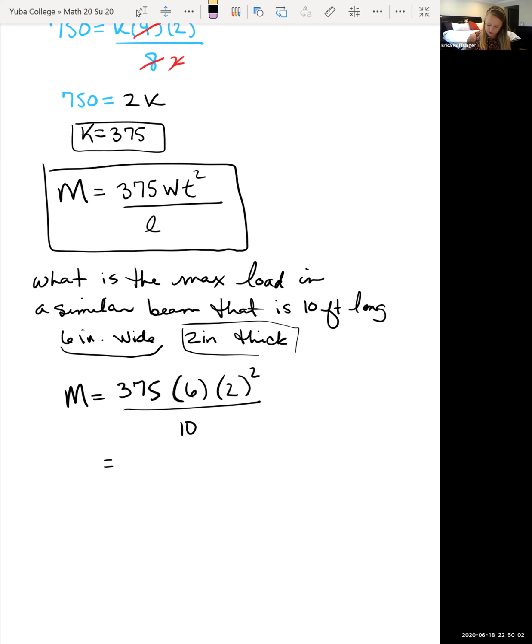And this is equal to 900 pounds. Okay. And that is the correct answer, is 900. And when you plug that in, those were the numbers we set it up with, right? Okay. We did it.